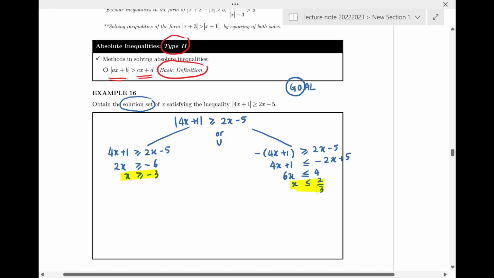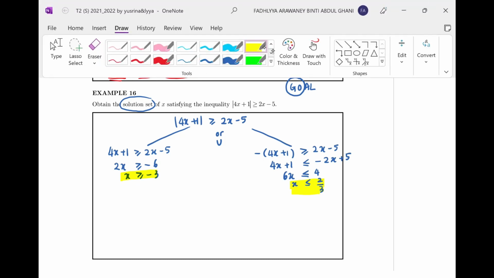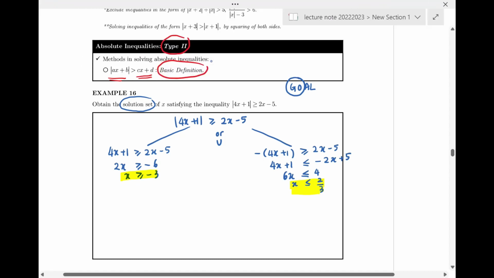Because we have only linear inequality in both of our inequalities, we do not have to use the graphical method or line or table of sign. We do not need that. What we need next is the number line to combine back the answers.